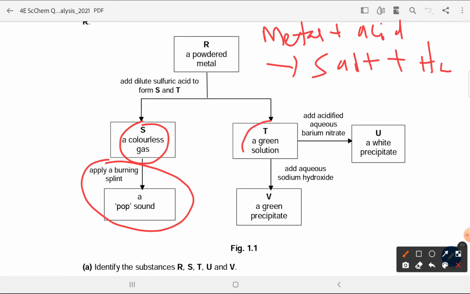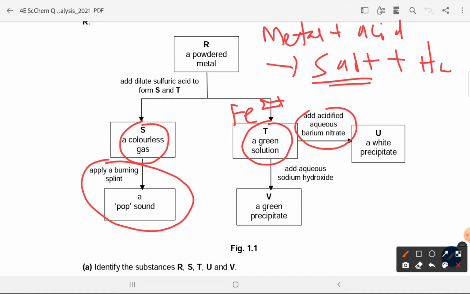Okay, so which means that your T must be the salt. But what is the name of this salt, of this green solution? Now the color of the solution actually gives you a very strong hint. As you can tell from the cation chart, green color is very likely Fe2+. And over here it tells you to add acidified aqueous barium nitrate.